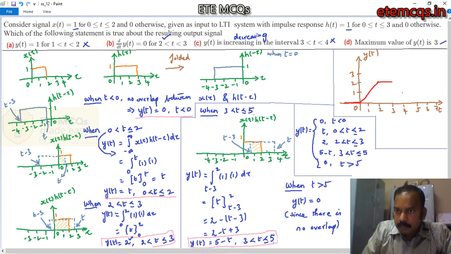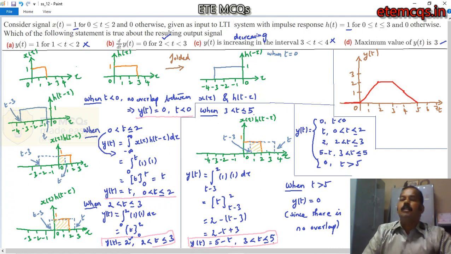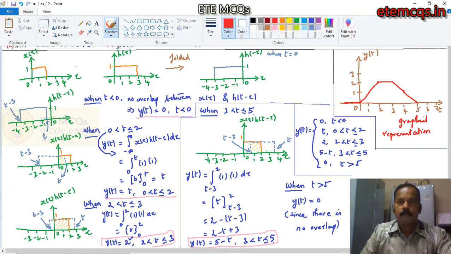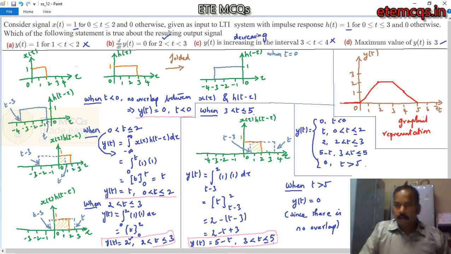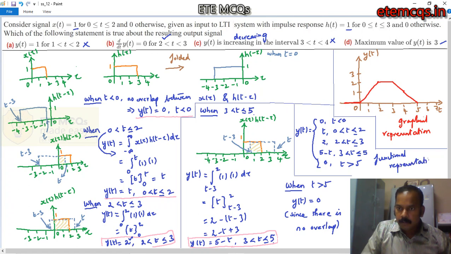And at 5, it drops down to 0. This is your output signal. This is your graphical representation. And this part is your functional representation of the output signal.